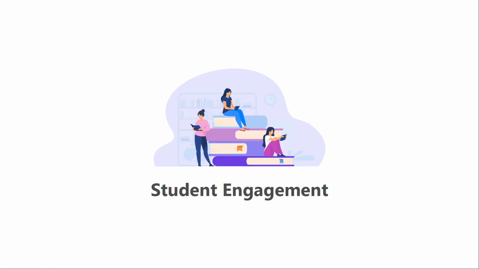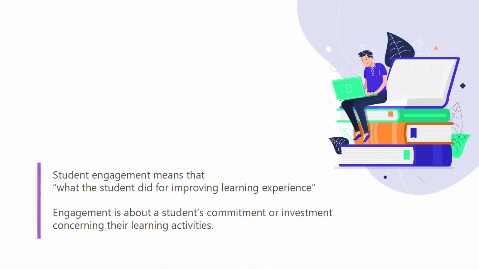The next one is student engagement. Nowadays, in response to education outcomes, student engagement is defined as an integral part. It means student engagement indicates students' positive learning and functioning.